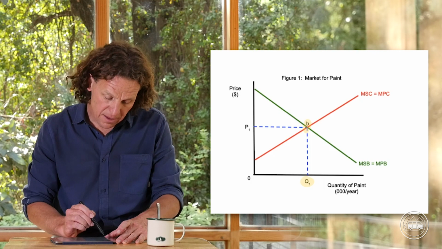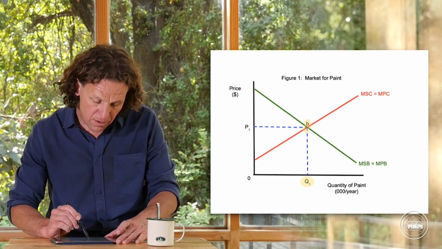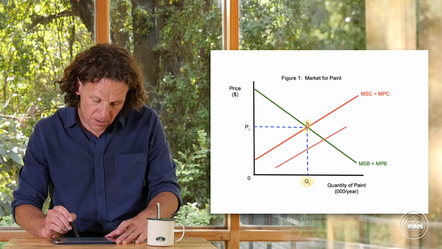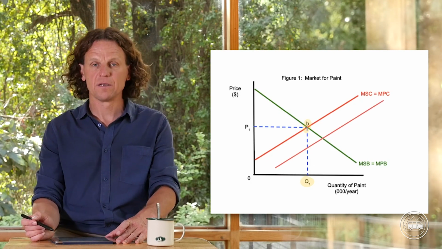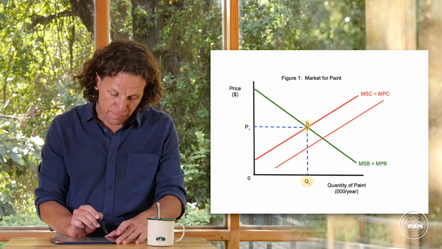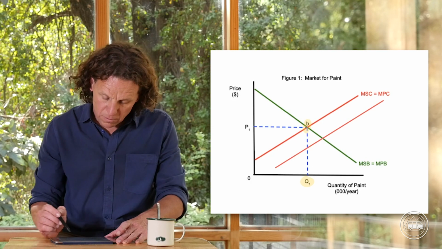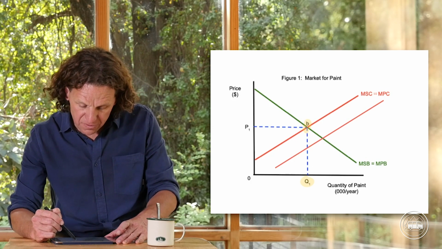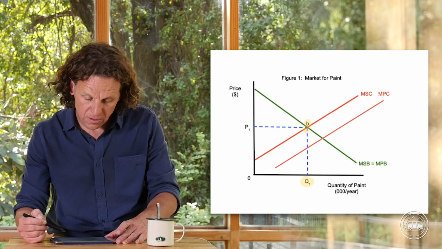I'm going to redraw that. The price of the paint is lower than what it should be. So therefore, the marginal private cost is lower.